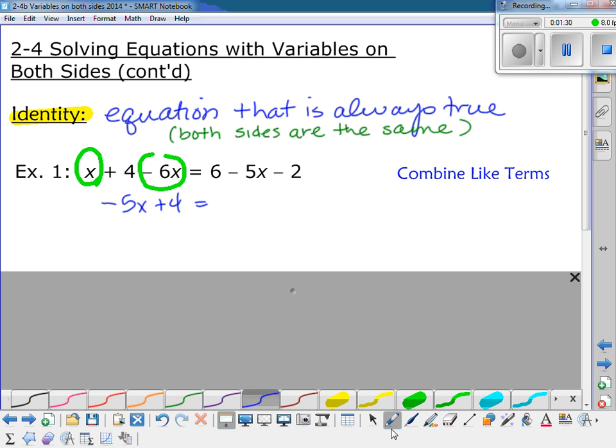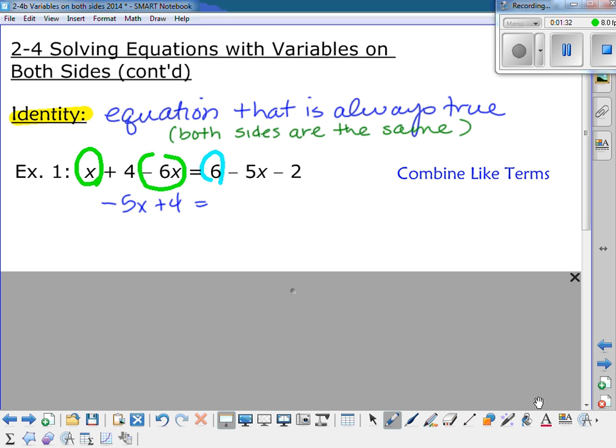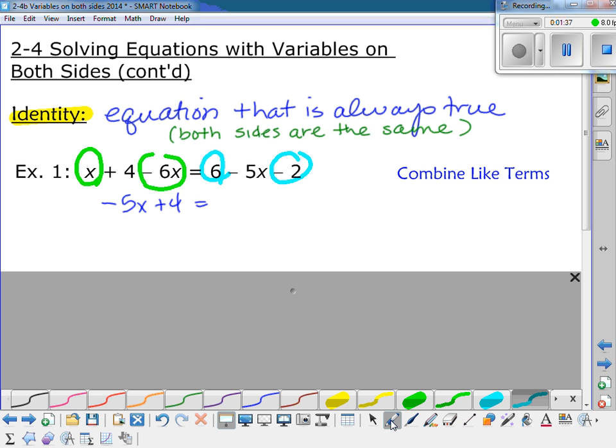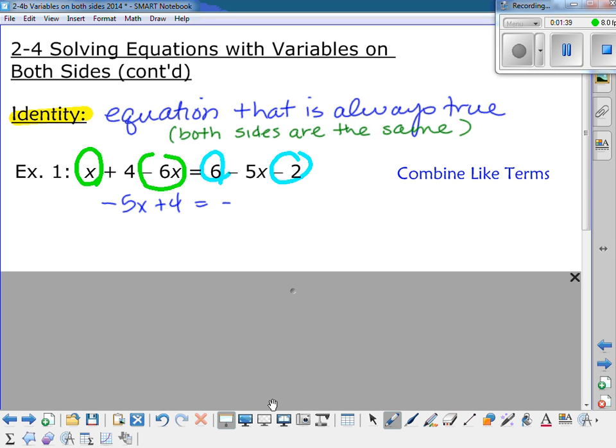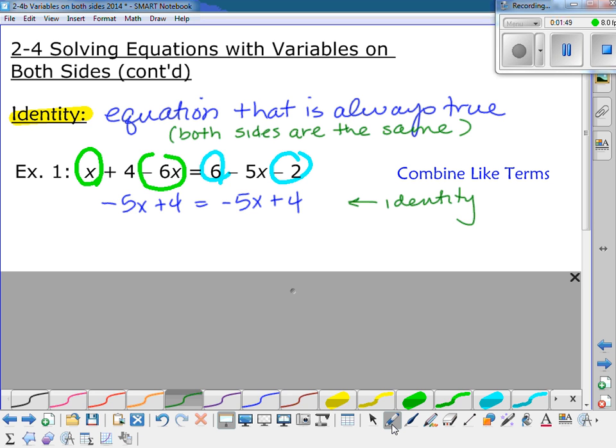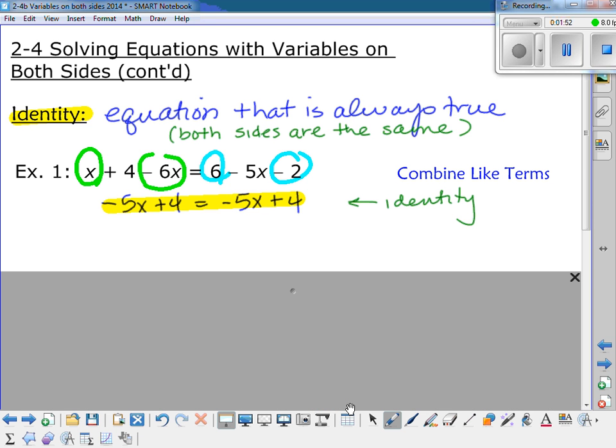On the other side, we can combine the 6 and the minus 2. So now I have negative 5x plus 4 again. You can see that it's the same on both sides, right? So that equation is actually an identity.